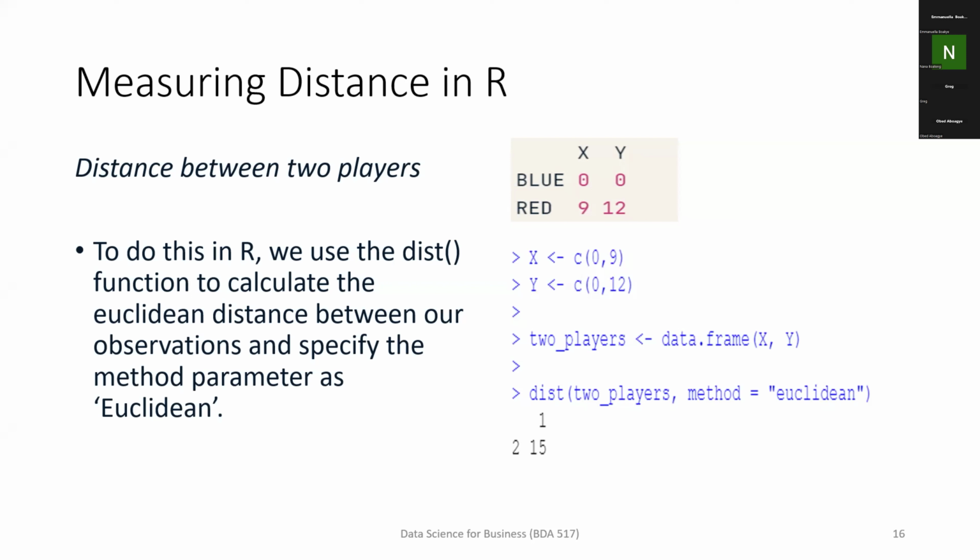When you create the two vectors, combine them in a data frame, and then use the dist function to calculate the Euclidean distance, and see the results it gives you. So try this in R. Guys, try it.